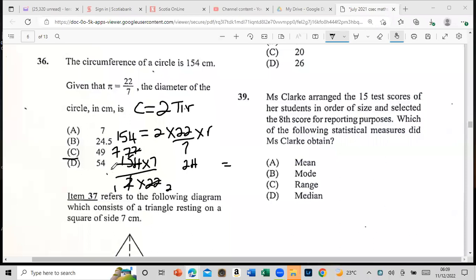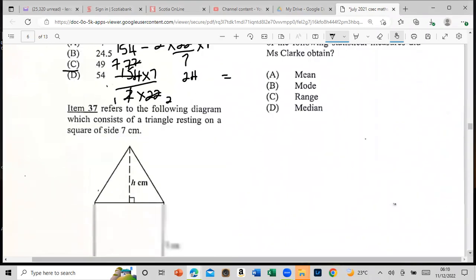Alright, so the answer for that would be 49. It's correct because 49 times 3 or 1 and something is close to this. And it's supposed to be the diameter 3 times. Circumference is 3 times the diameter, that's how you get pi. So it's correct. Alright, let's move on to this one now.